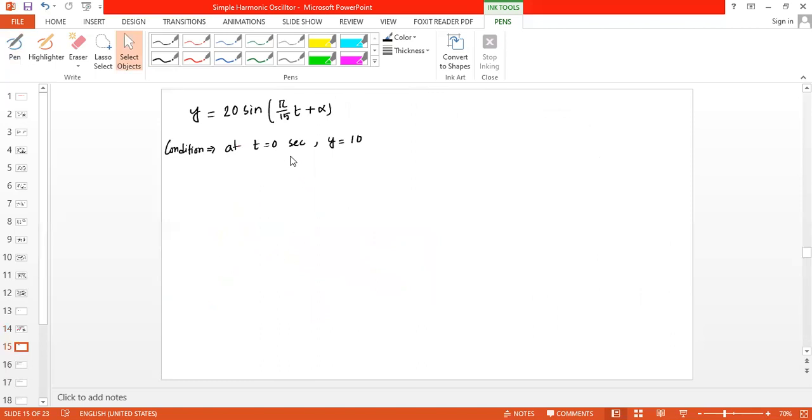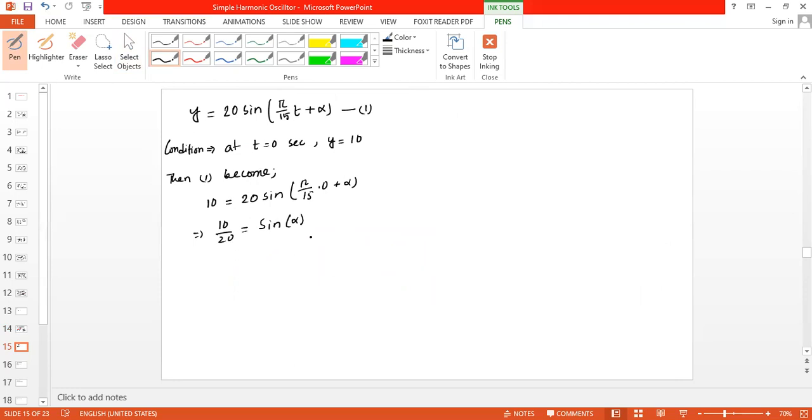So what I have to do is find the value of alpha. I can replace t by 0 and y by 10. Then equation 1 becomes y equal to 10 equal to 20 sine of pi by 15 times 0 plus alpha. That means 10 divided by 20 equal to sine alpha.